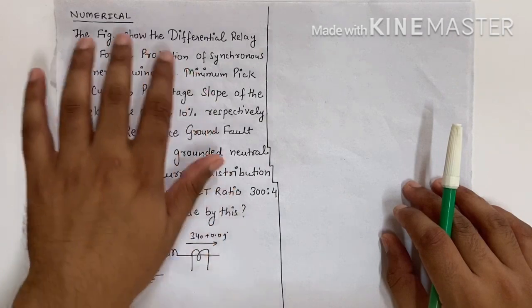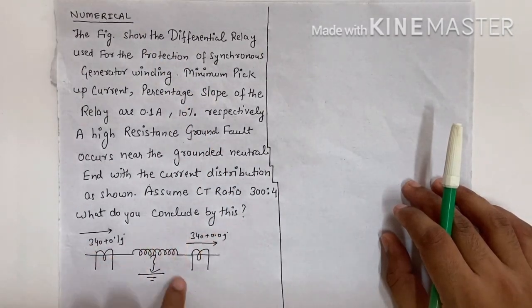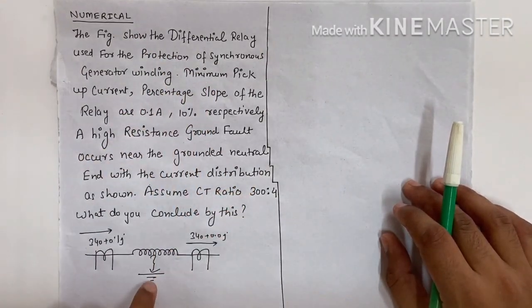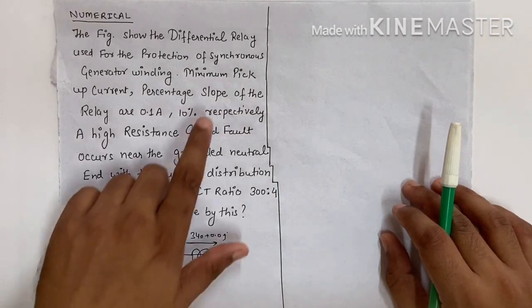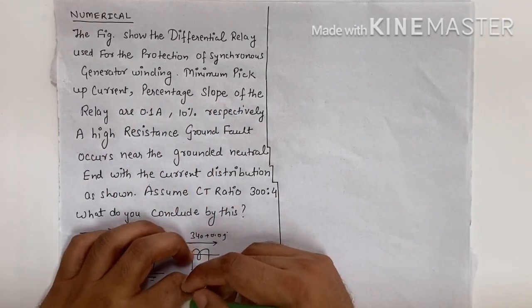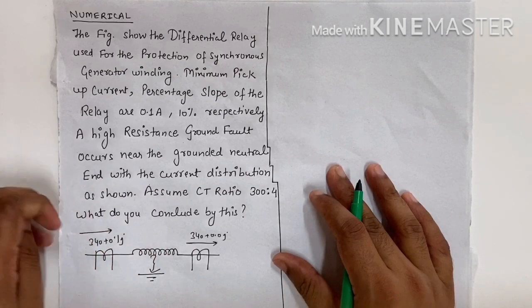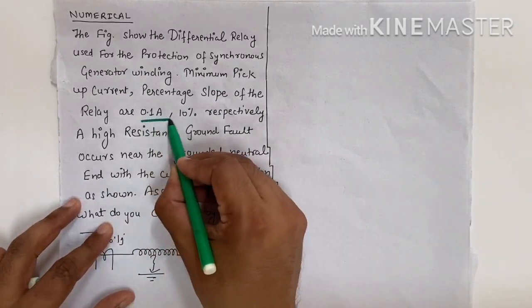In the figure we can use a differential relay which is used for the protection of generating winding. Minimum pickup current and percentage slope of relay are 0.1 and 10%.